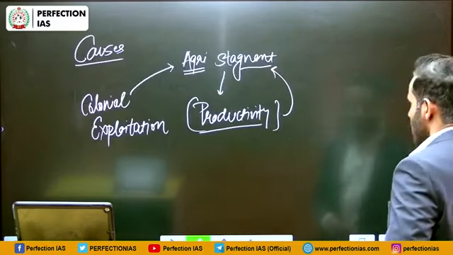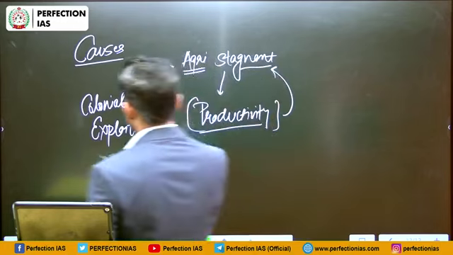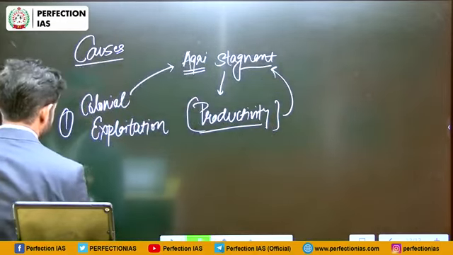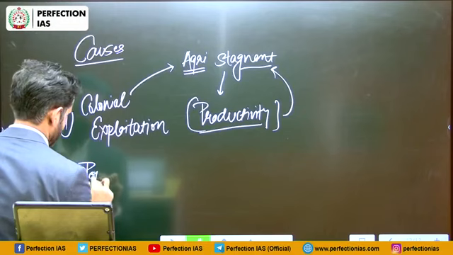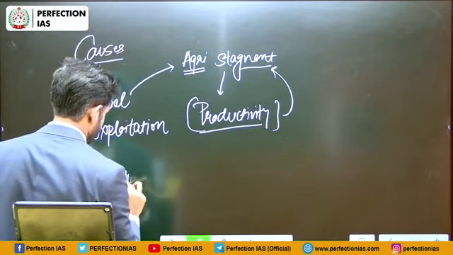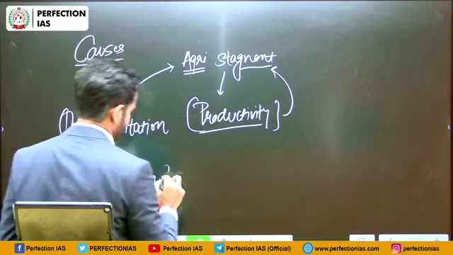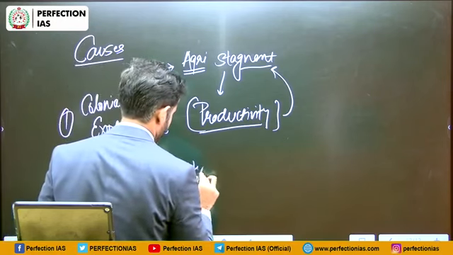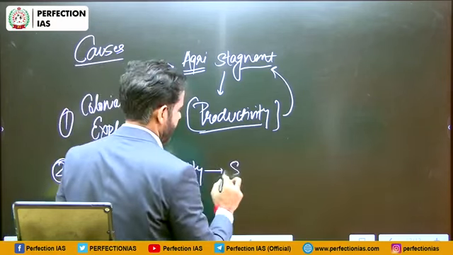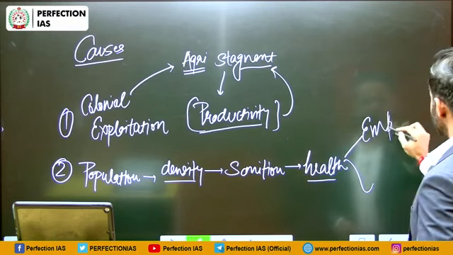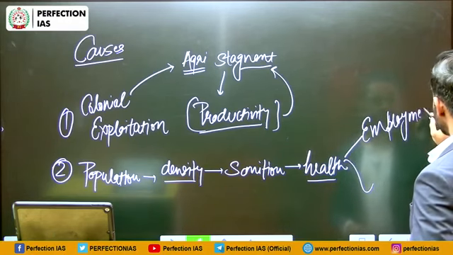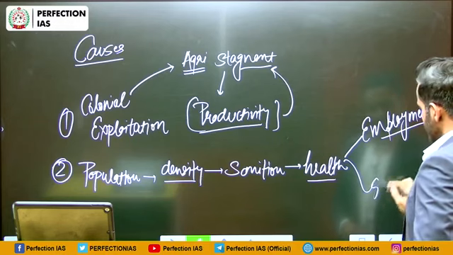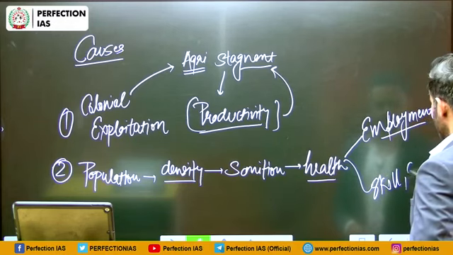Okay. So first we had discussed colonial exploitation, second we discussed population, then population density, then sanitation, then health, then employment, and then skill as well as education.